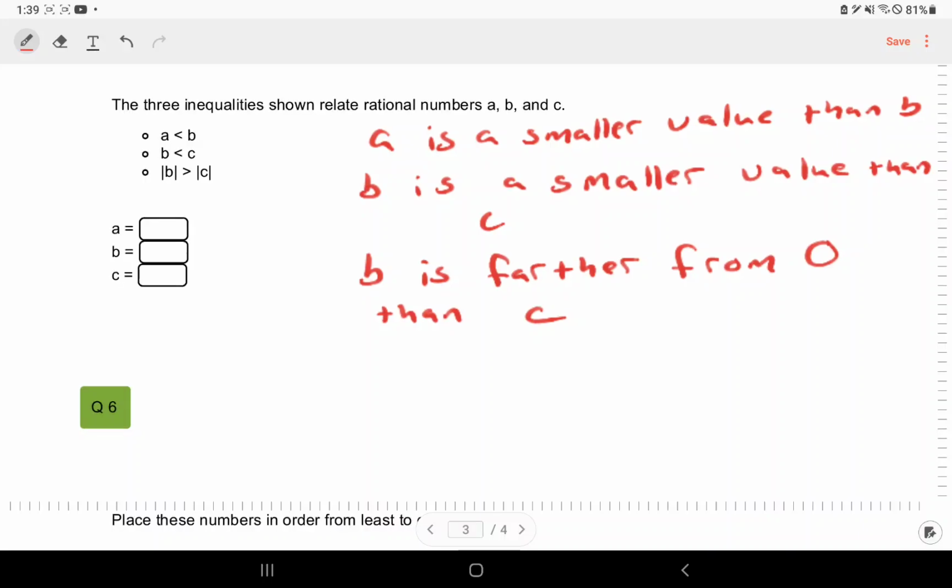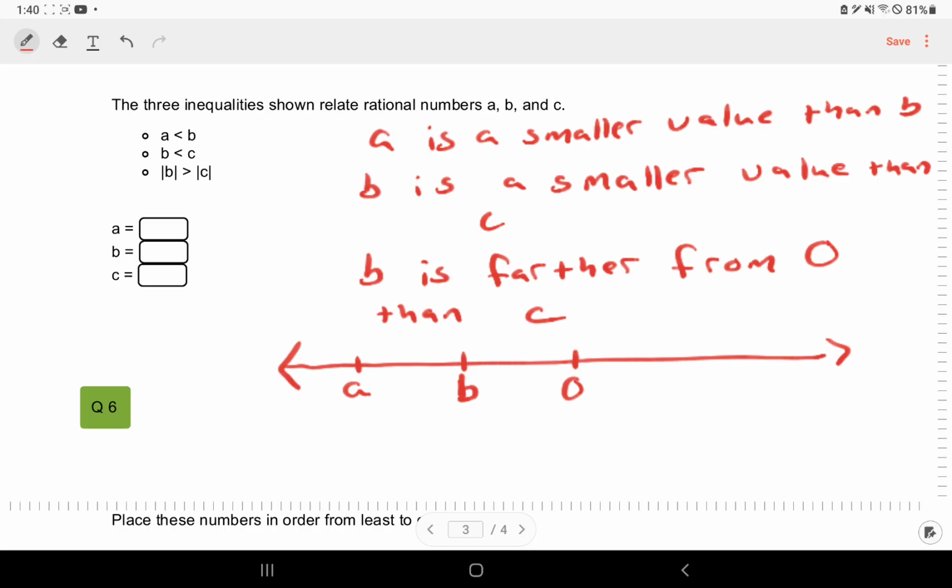Okay, so now if I draw a number line, this is just a sketch. It does not have to be accurate by any means. So I'm going to stick 0 here. B is somewhere over here. A is smaller than B, so A is somewhere over here.